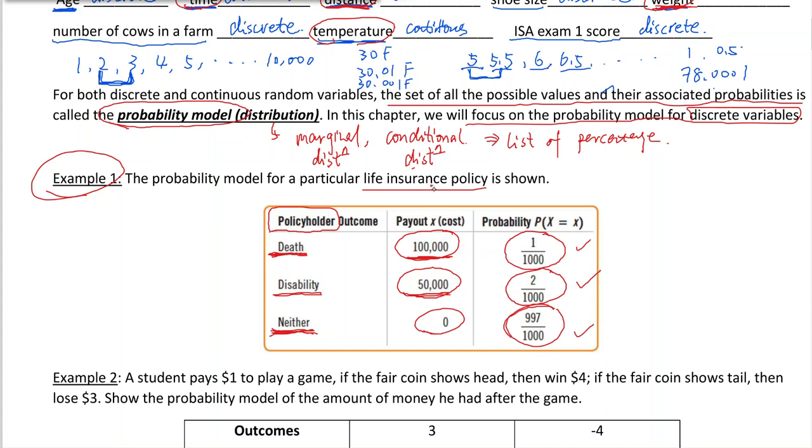Now we have the outcome values and corresponding probabilities. This is the probability distribution or probability model for this life insurance policy.